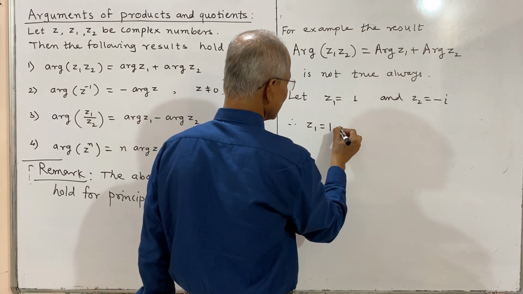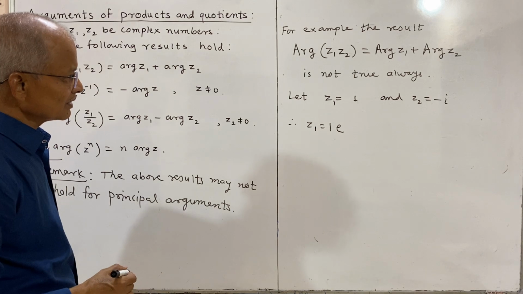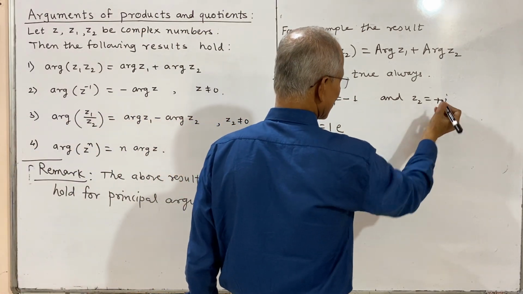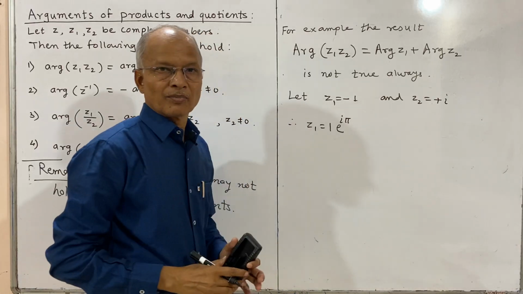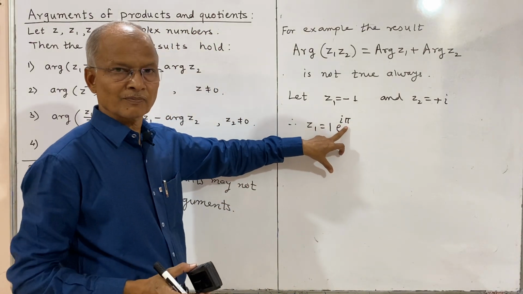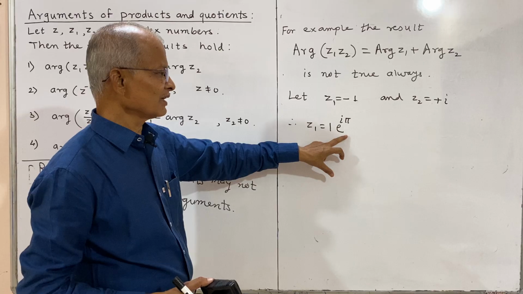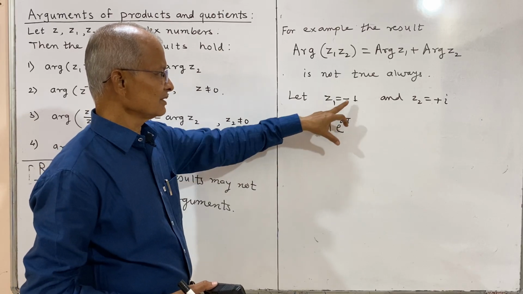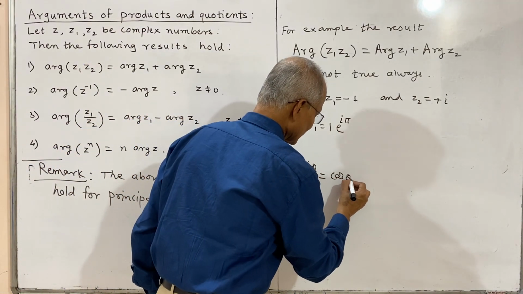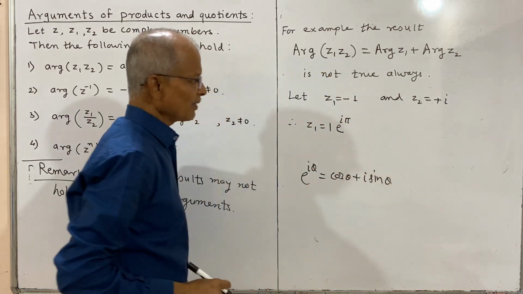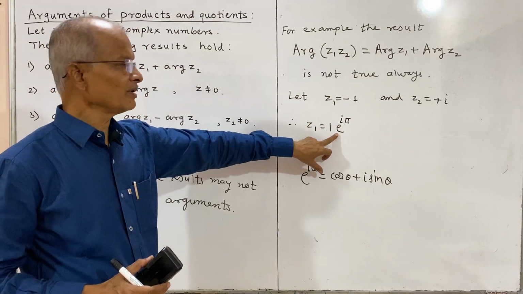Then z1 is 1 into e power i pi, because by Euler's formula, e power i theta is cos theta plus i sin theta, and cos pi is -1, sin pi is 0. So this value is exactly -1. What is Euler's formula? e power i theta is cos theta plus i sin theta, as we have seen earlier. A negative real number has exponential form like this: e power i pi.